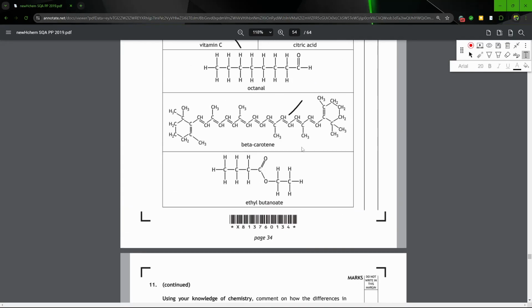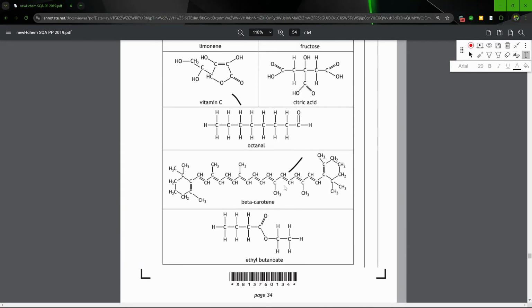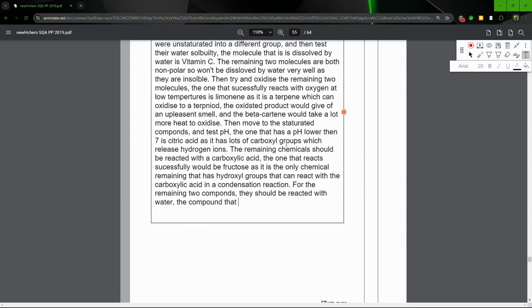I mean, what you could also do is oxidize both of them, and then one of them will turn into an acid. That might actually be a bit better, that's probably a bit simpler. The main two compounds should both be oxidized.